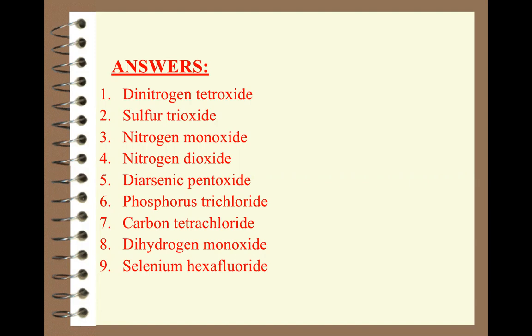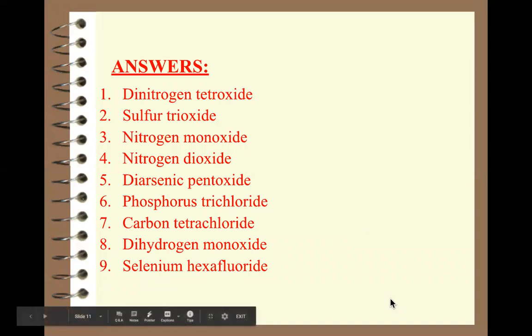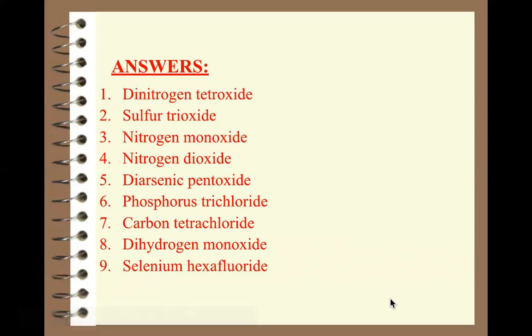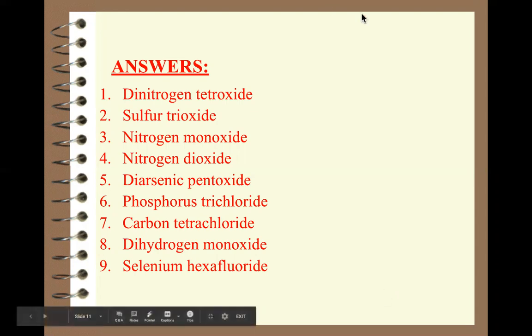So go over everything, 1 through 9, and let me know if I have some different answers than yours. We will go over the answers. Okay, isn't it easy? Hope this recording helps. Let me know if you have any questions.